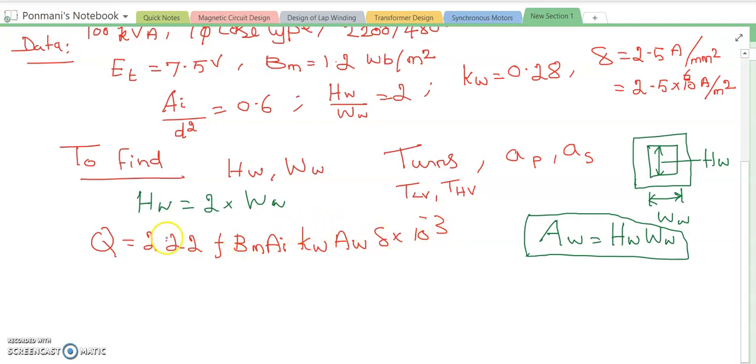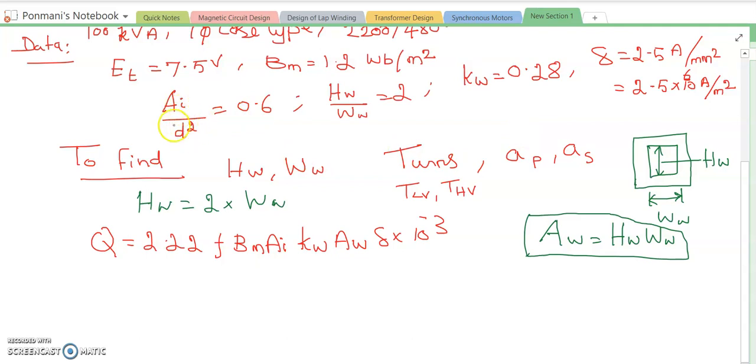So this is the output equation of single phase transformer. In this, we know many of the factors and the remaining factor we have to calculate. So this Aw we need to calculate. Kw, window space factor, is given.